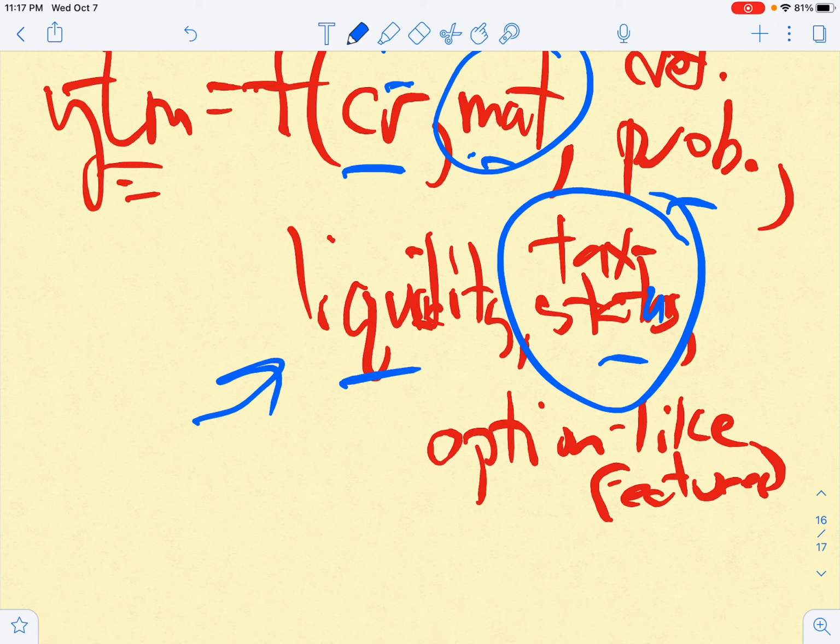So the yield to maturity in a tax-free bond would be expected to be lower than the yield to maturity on a bond that had income that was fully taxable, okay? But what's relevant is your after-tax yield to maturity, and the pre-tax and after-tax yield to maturity on a municipal bond, well, they're the same. And so the tax status of the bond will impact YTM. Tax-free bonds will have lower YTMs.